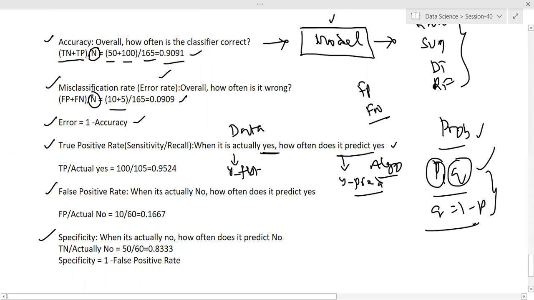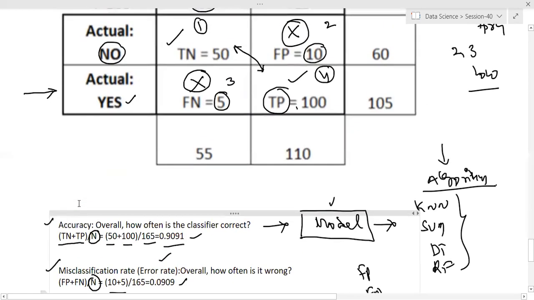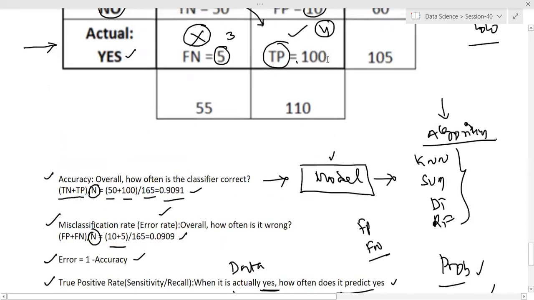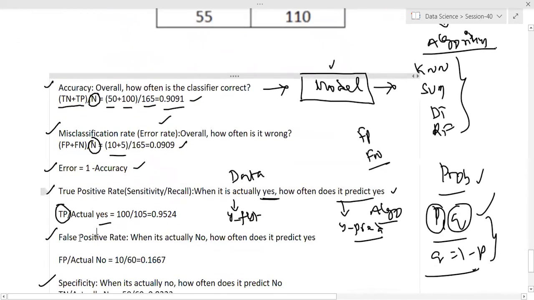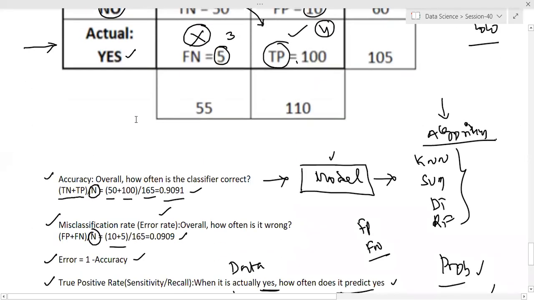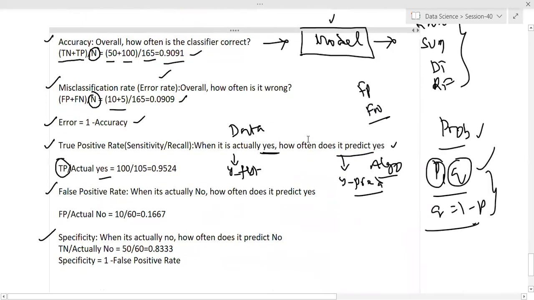So the true positive rate is true positive divided by actual yes. Our true positives are 100, and actual yes are 105. So 100 by 105, about 95% of the times our model was able to track the actual yes from the data set.